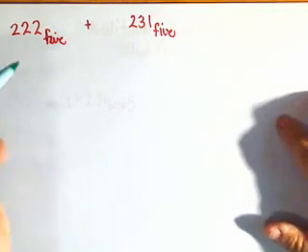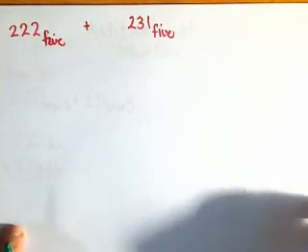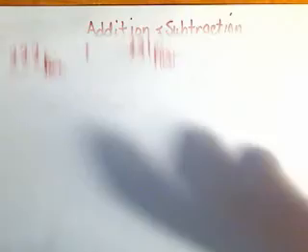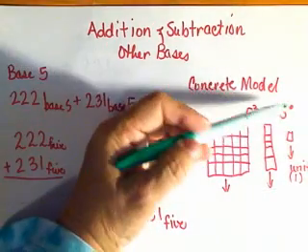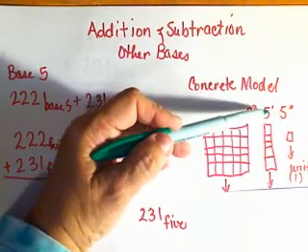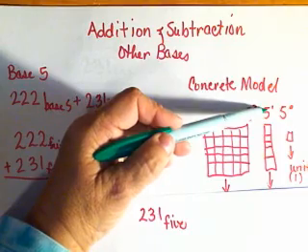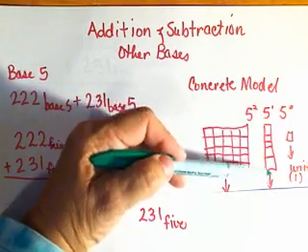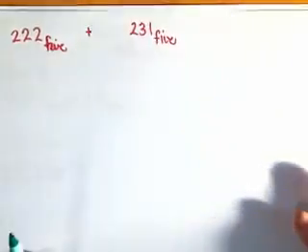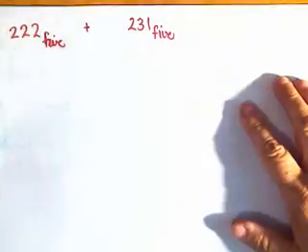So the easiest thing to do is just model and go back and look at what it means. 5 to the 0 is a unit, the next one is a long, and the next one's a flat.